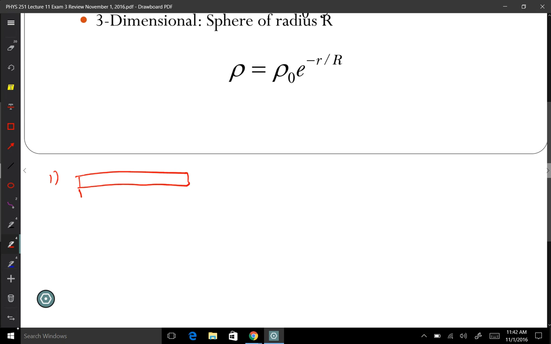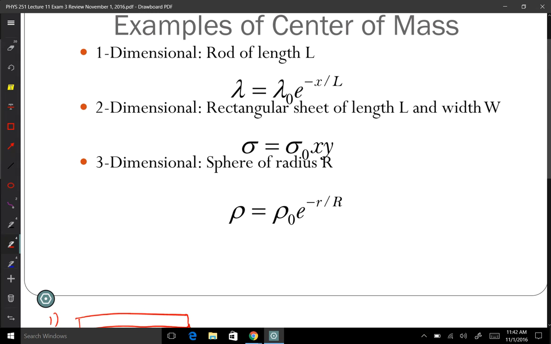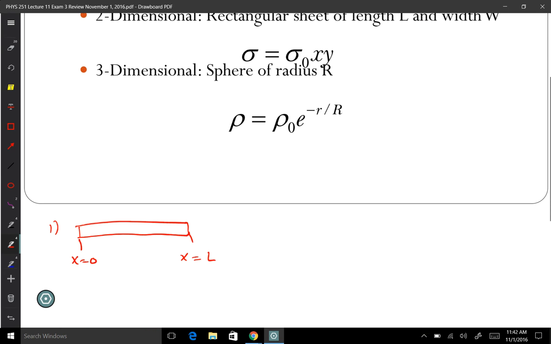So here I have x equals 0. Here I have x equals L. And the density of the material is dropping off exponentially. And so I'm going to have x center of mass is equal to the integral from 0 to L, because those are the dimensions of my rod, of lambda dx.